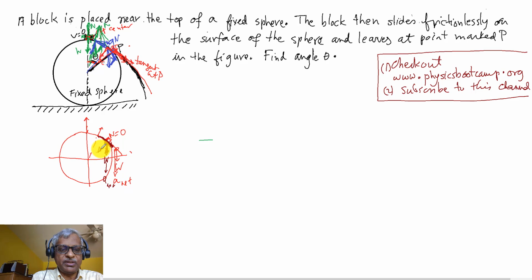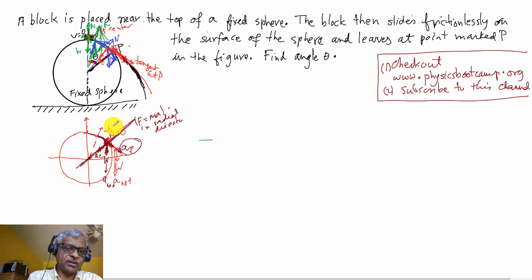It has a component towards the center and a component along the tangent. We're not going to worry about the tangential component, because we'll look at only F equals ma in the radial direction.